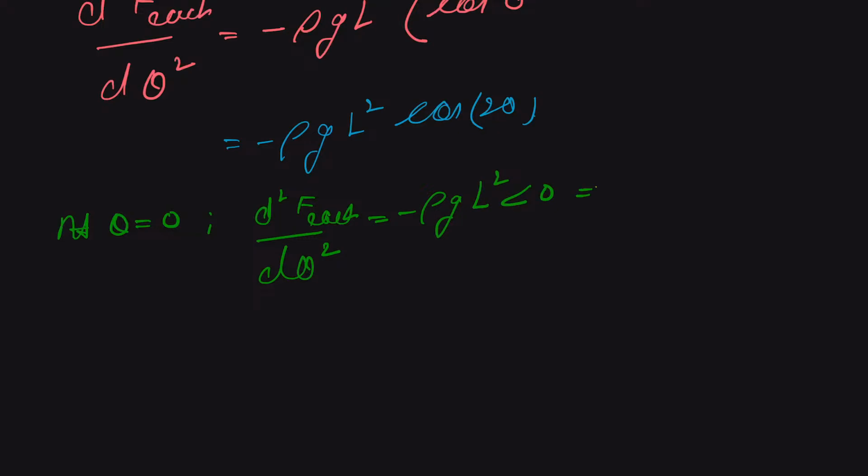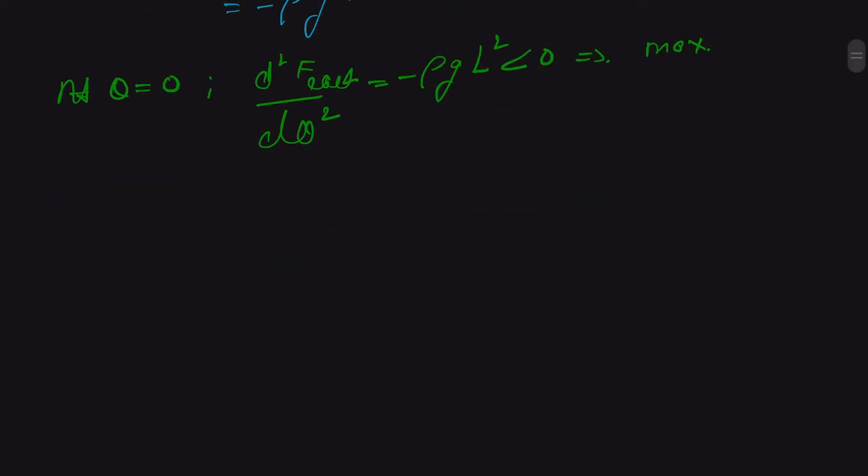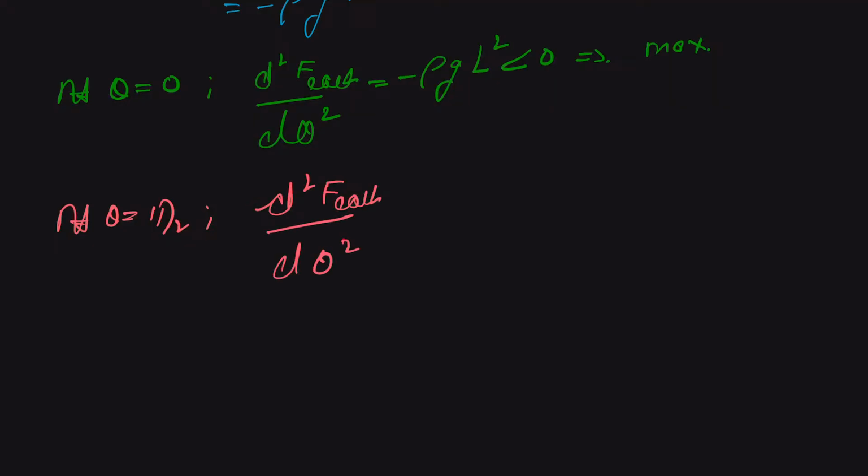So it means we are going to get a maxima, and at theta is equal to pi by 2, we get its double derivative will be equal to plus rho G L square, which is greater than 0, which will be giving us a minimum. Okay.